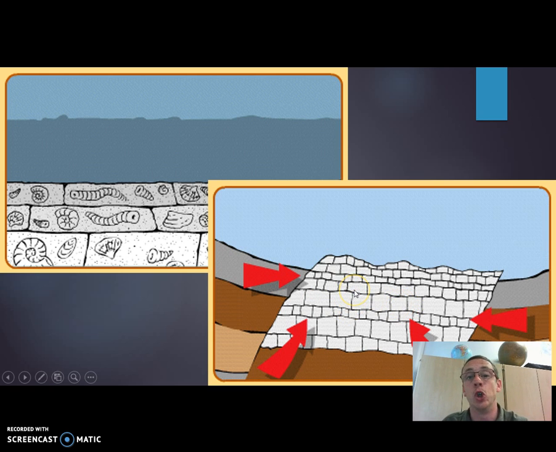We call these lines joints. Both of these things are really important because they give limestone two properties that heavily influence how the landscape features we're going to look at are formed.